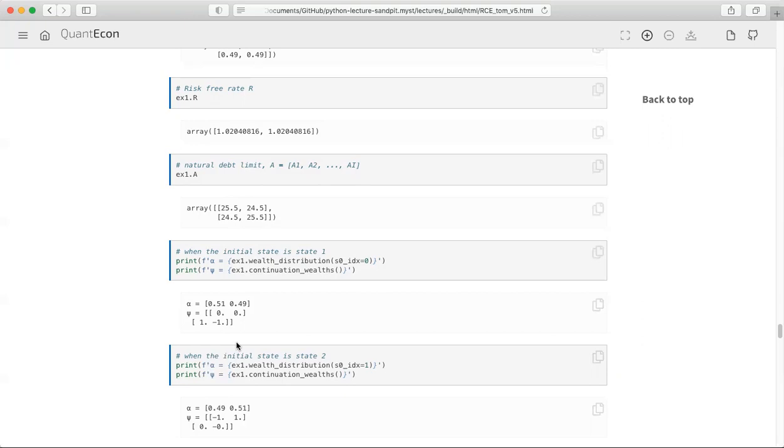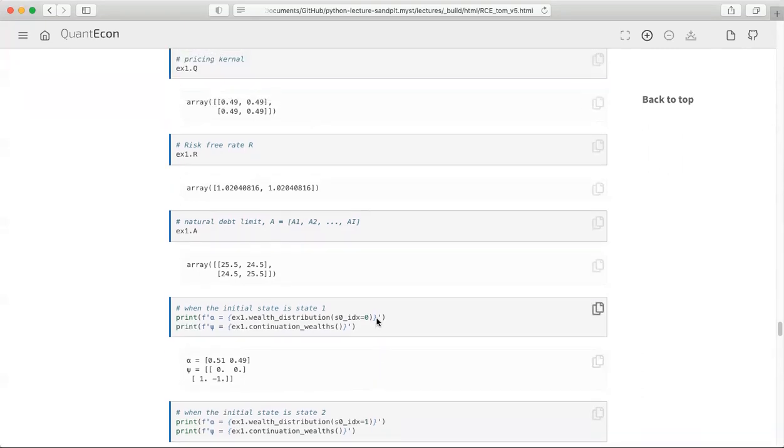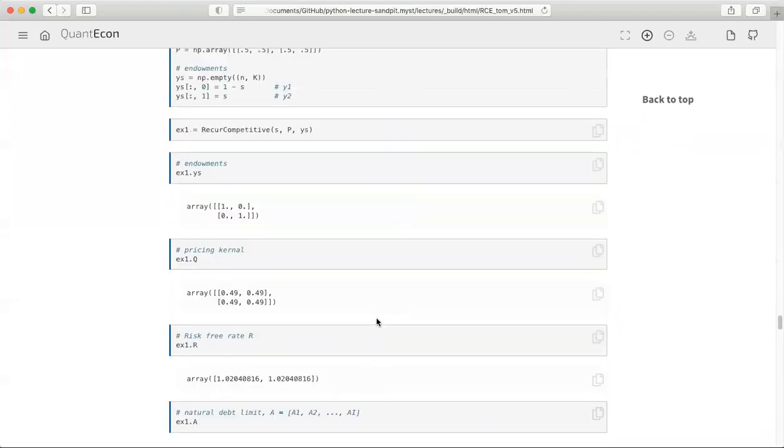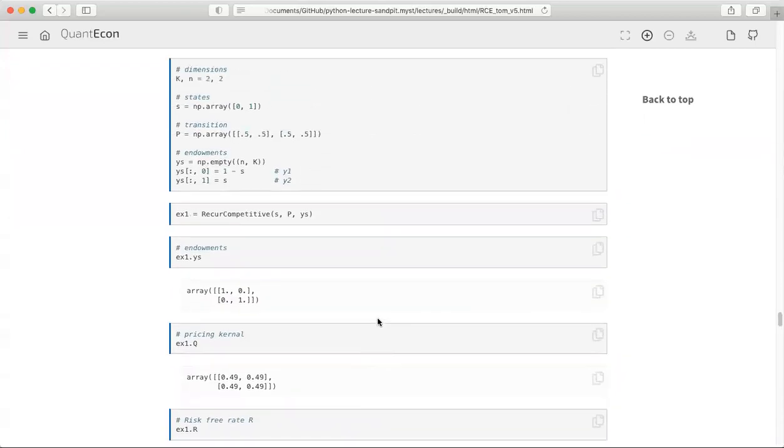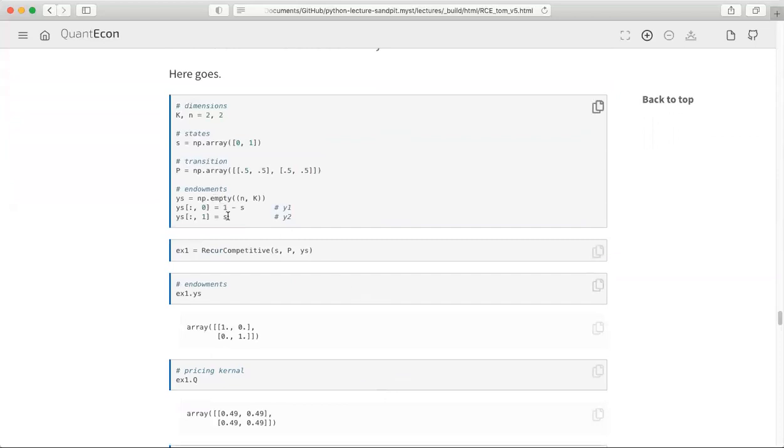Because this is basically an economy in which in the first state, the first person gets 1, and the second person gets 0. So if we start off in the first state, we're starting off where the first person has an endowment and might or might not have an endowment next period.